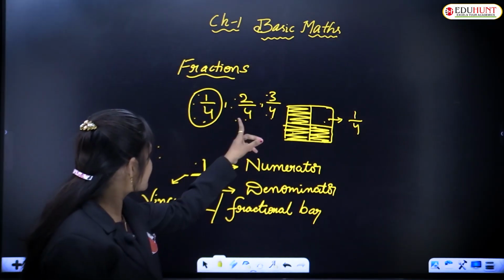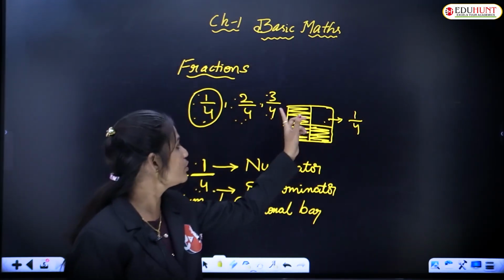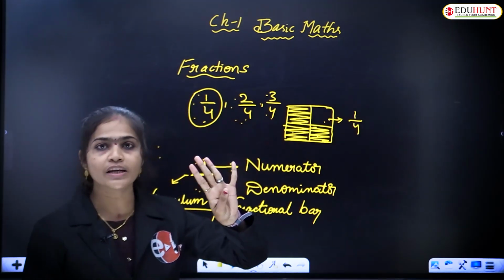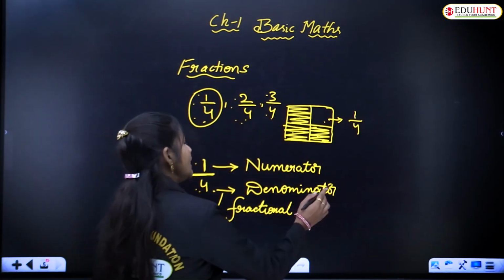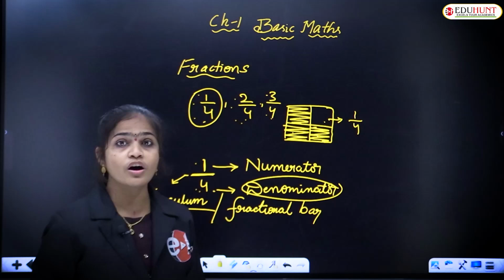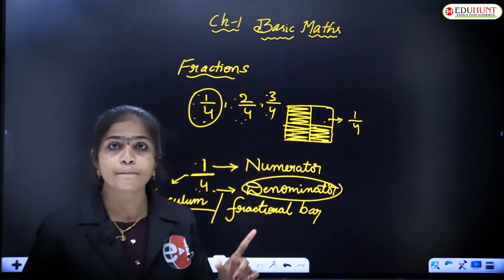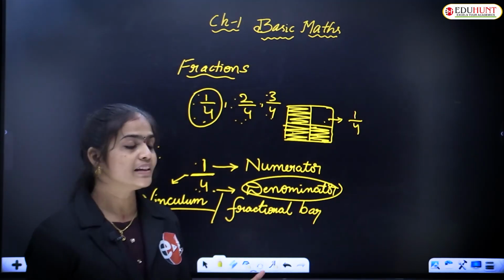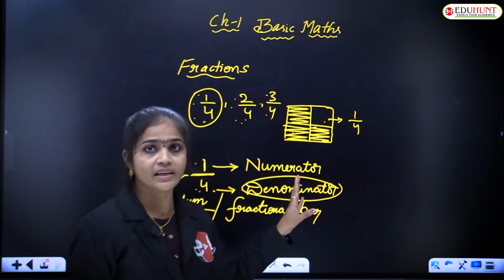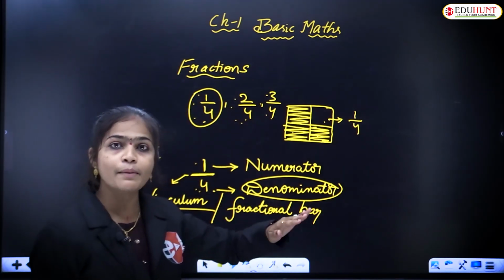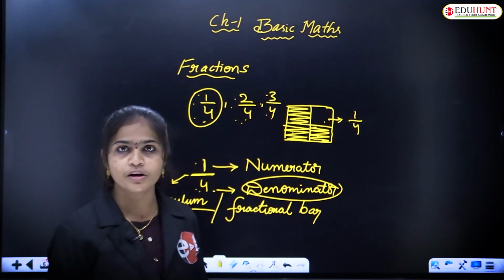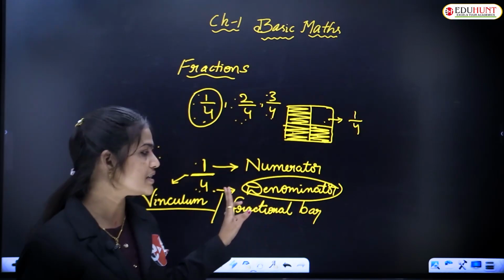So in all cases we write 4 only. Why? Because this picture is divided into 4 equal parts. So the denominator always shows the total number of equal parts. Numerator means how many parts we have taken from the total number of equal parts. That is the difference.